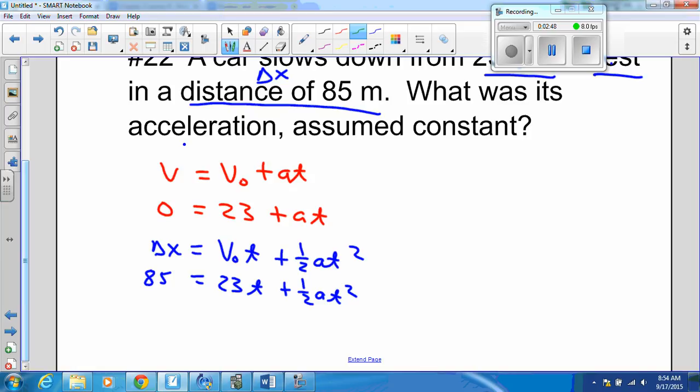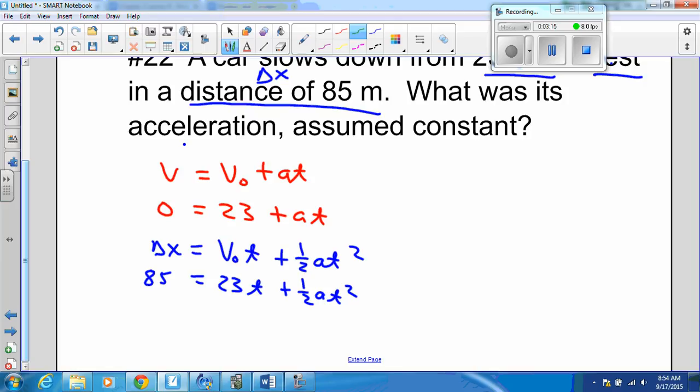So, here's what I want us to observe. Now that we have set up our two equations of motion, we observe that we have two variables. And we're going to do a variable and equation count. How many variables do I have? 2. How many equations do I have? Also 2. If the number of variables and the number of equations are the same, we are good to go.